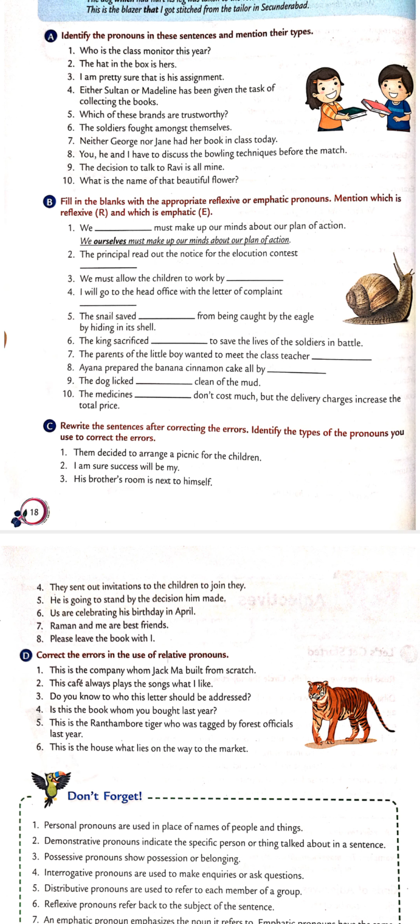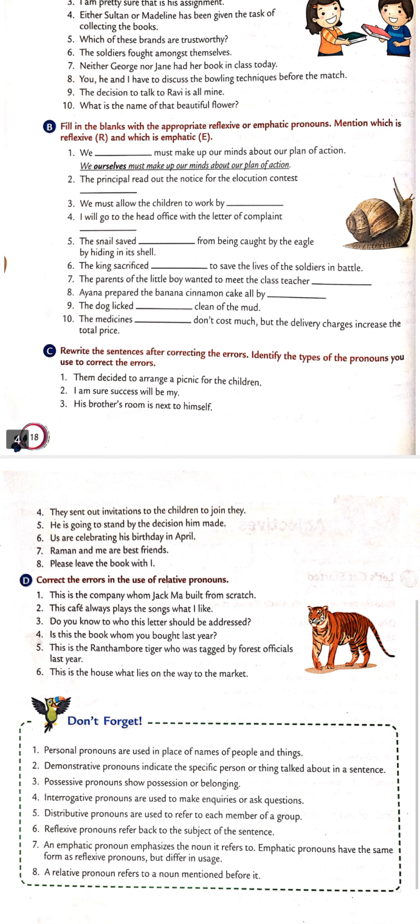Now we have to do the next exercise, students, that is rewrite the sentences after correcting the errors. Identify the types of pronouns you use to correct the errors. They decided to arrange a picnic for the children. So we should place here they. I am sure success will be mine.